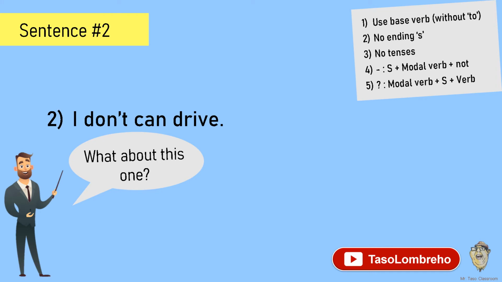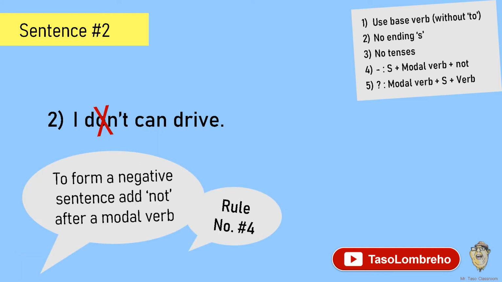Sentence number 2. I can drive. What about this one? To form a negative sentence, add not after the modal verb. In this case, the modal verb is can. So we should add not after the word can.